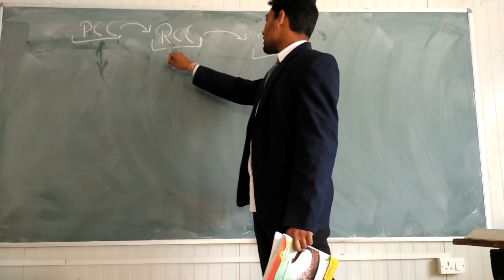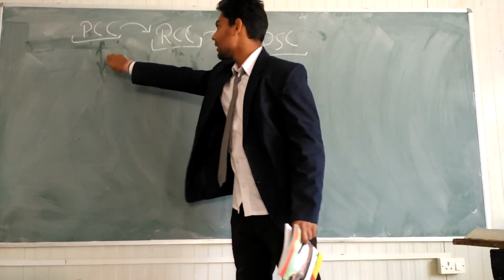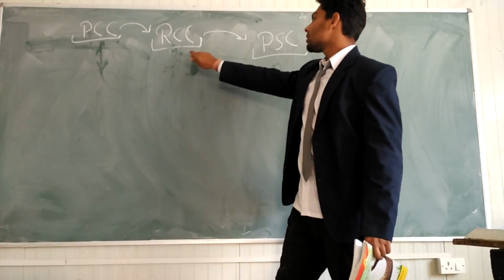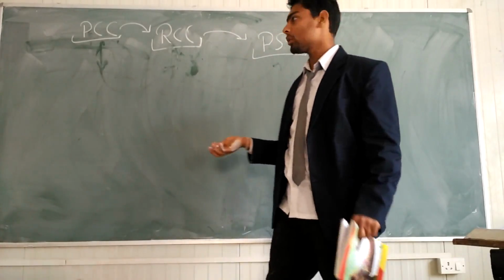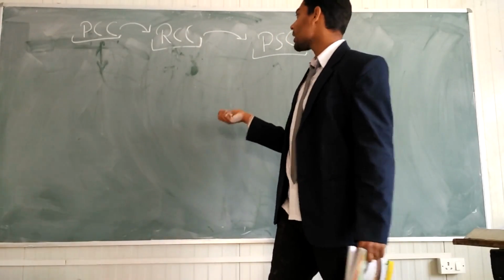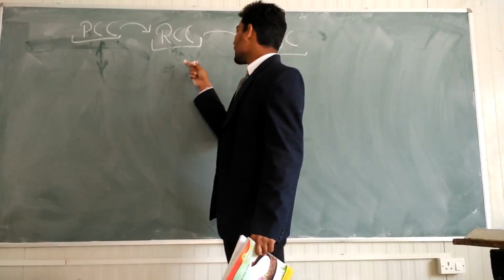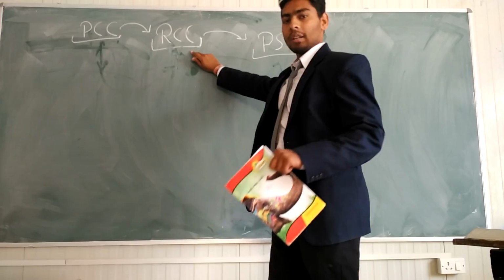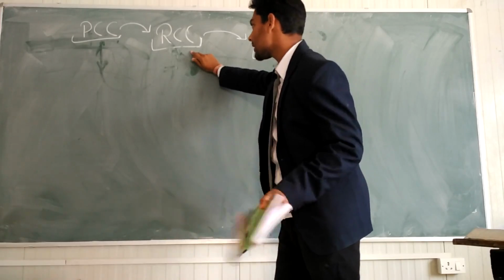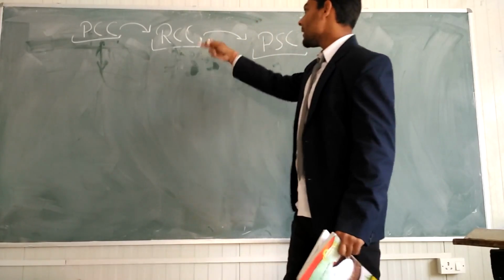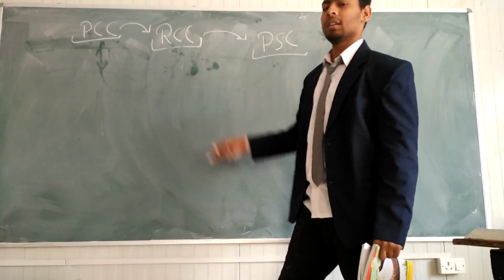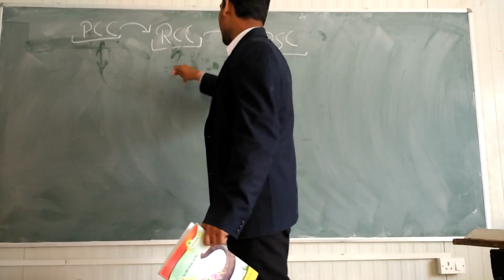So the introduction of bars in PCC is known as RCC. In RCC the tensile strength is nearly equal to the compressive strength, so the total strength is just double that of PCC. That's why we use RCC so much nowadays.